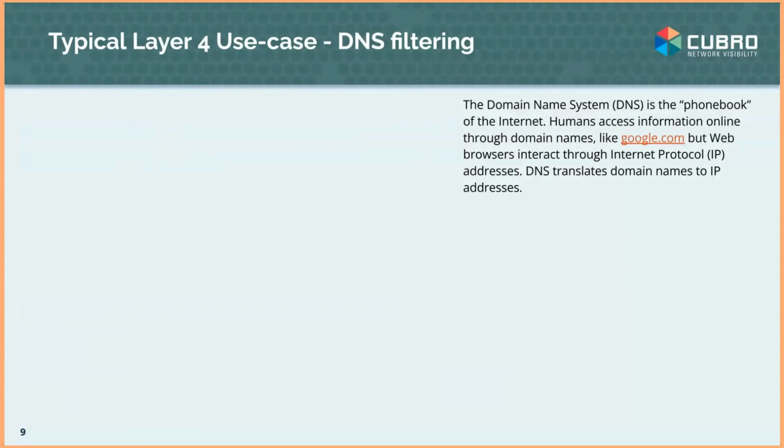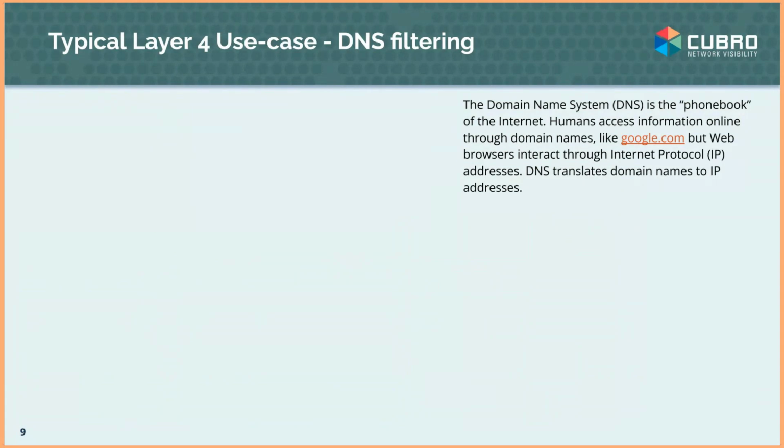A typical layer 4 use case is DNS filtering. DNS, the domain name system, you can consider like a phone book. What DNS does is translate domain names to IP addresses. So when you enter Cubro.com, it will resolve that into an IP address.